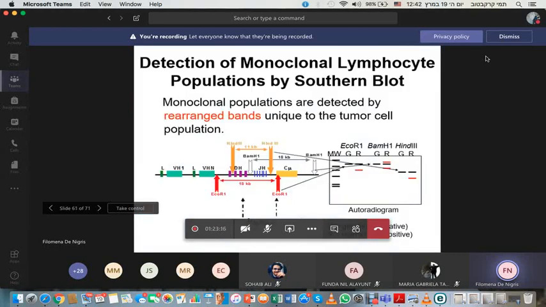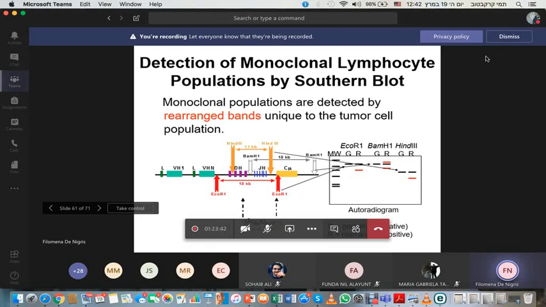This is only a scheme to show you how to monitor an extra band due to the most common rearrangement. How to monitor? We need to take blood from patients and analyze it by RT-PCR, looking for an extra band on the chromosome.